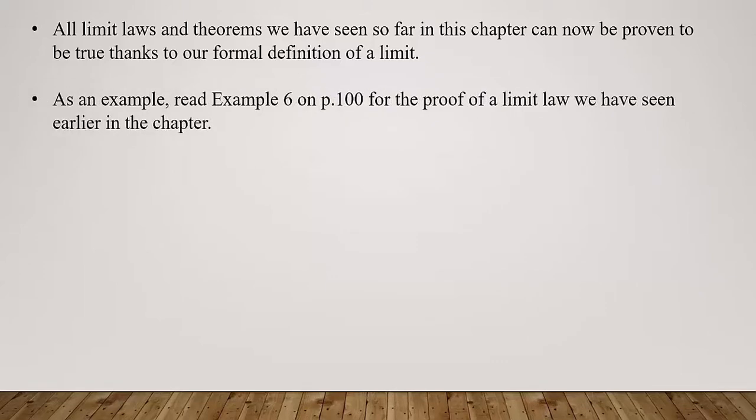So as an example, feel free to read example 6 on page 100. It's just an example showing the proof of a limit law we've already seen earlier in the chapter. But at the end of the day, every limit law and theorem we've seen so far, I just want you to appreciate they really are true, and they're proven to be true by using the formal definition of a limit.